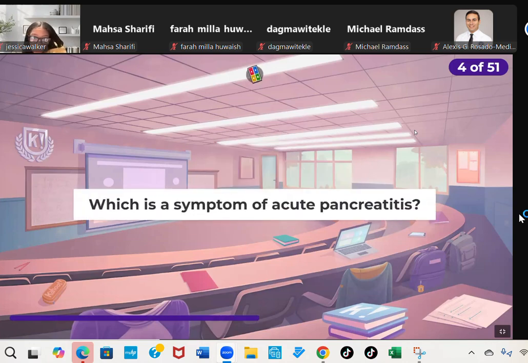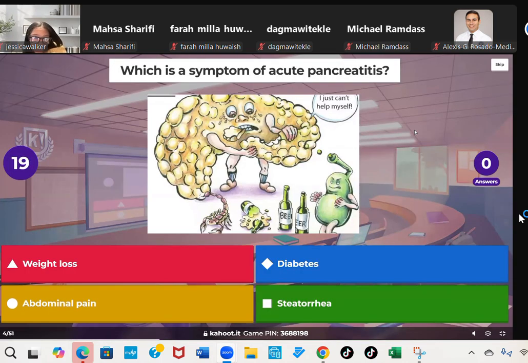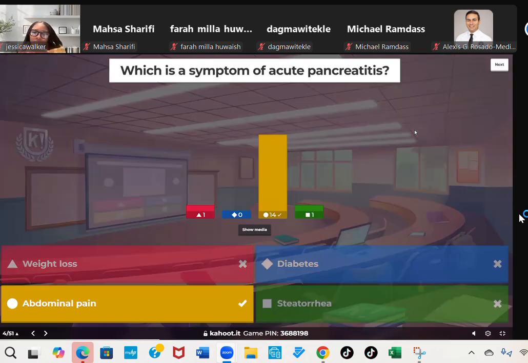Which is a symptom of acute pancreatitis? Weight loss, diabetes, abdominal pain, steatorrhea. Almost everyone got that correct.